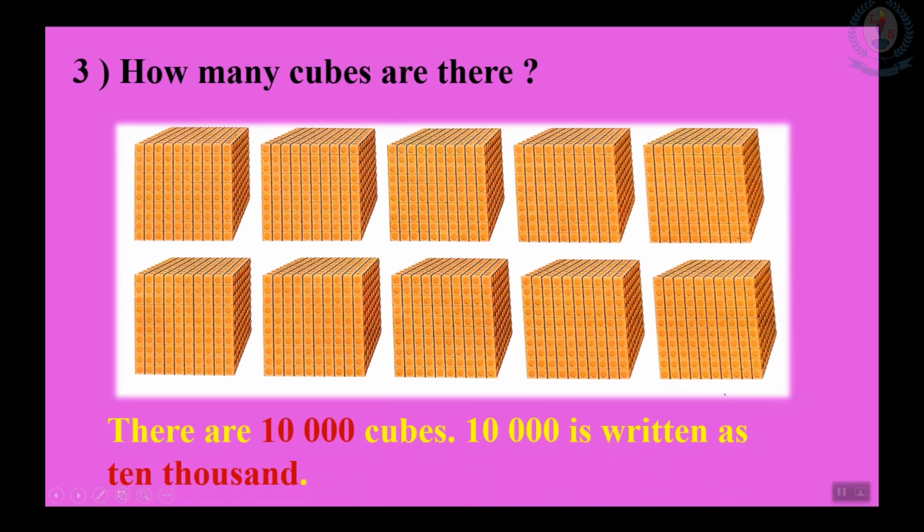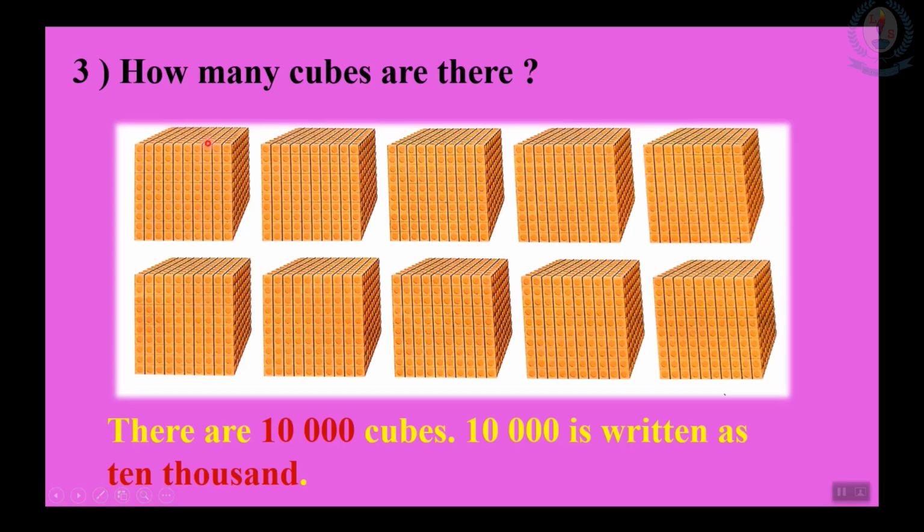Third example. How many cubes are there? As we already know, this big cube has 1000 small cubes. Then to find the number of cubes, we have to count these big cubes. Here we have 1, 2, 3, 4, 5, 6, 7, 8, 9, 10.